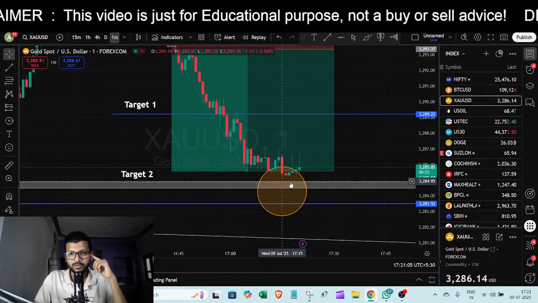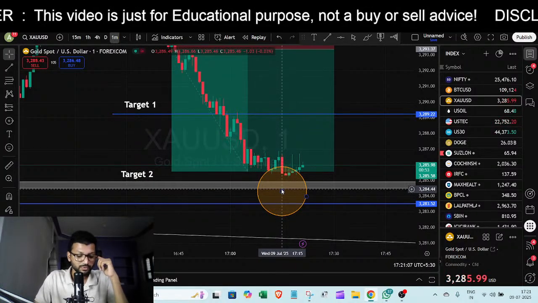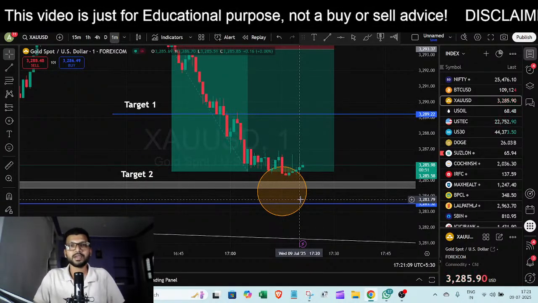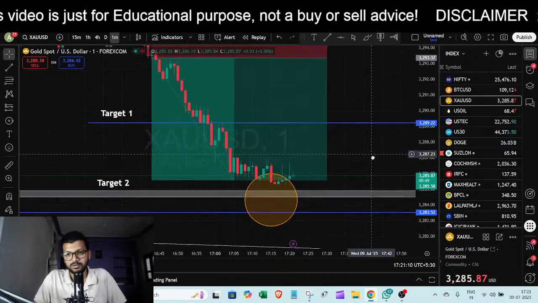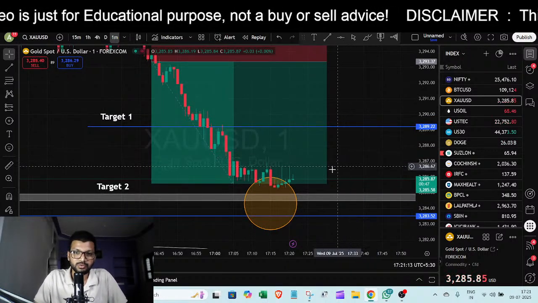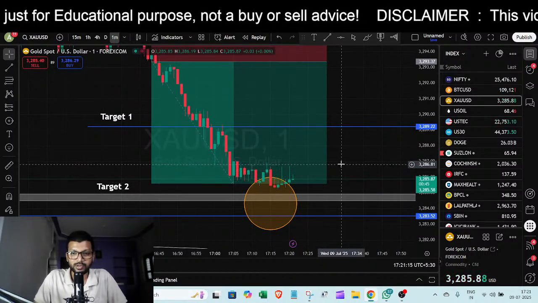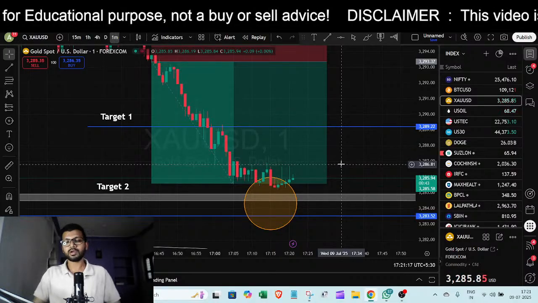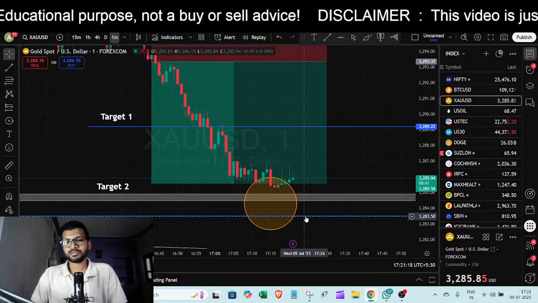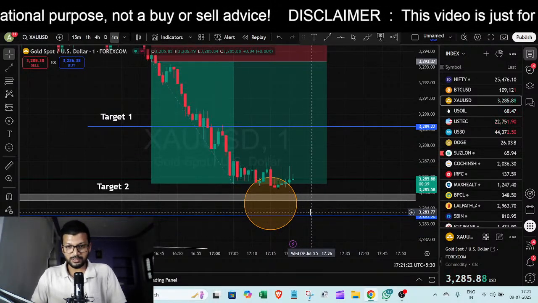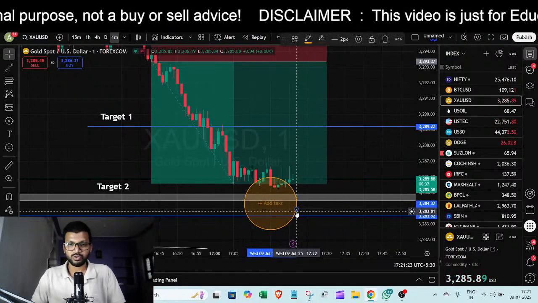So this is our major support zone from where we can see a spike or immediate reversal. So if you are having a short position, you can close your short position, and if you are having a long position, you can hold till the support breaks by keeping a small SL, or you can keep your SL at cost to cost.